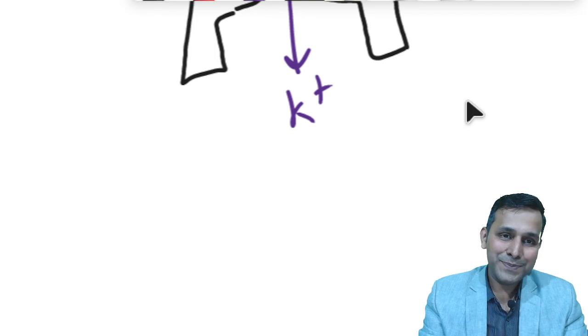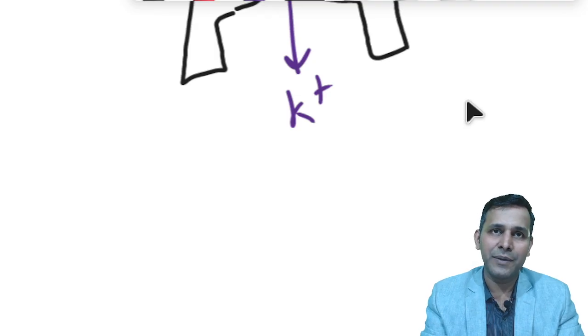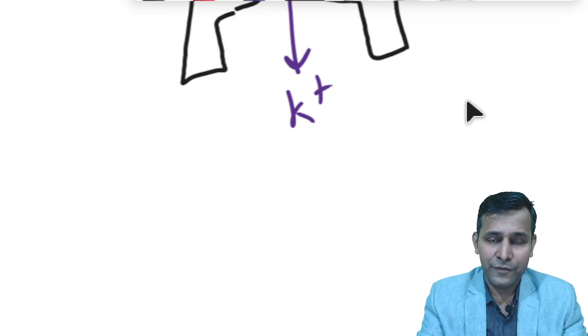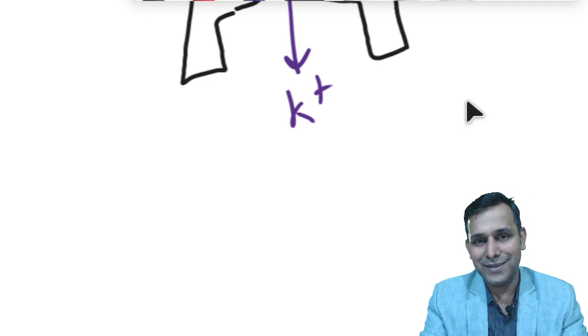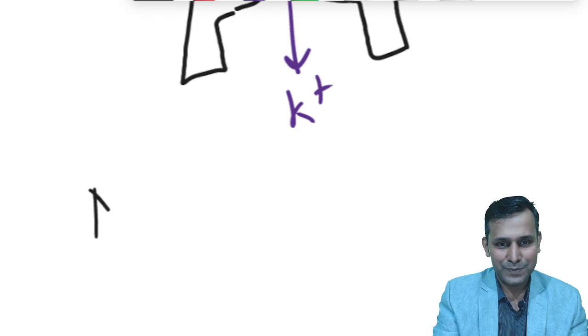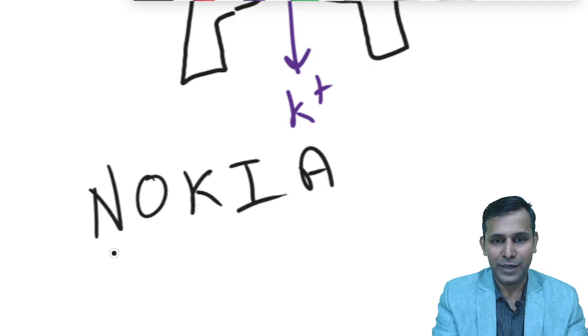Before going there, I remember many students always ask, sir, can we remember this movement of sodium and potassium ion with this pump in a simpler way? So yes, there is a mnemonic, and the mnemonic is called Nokia.